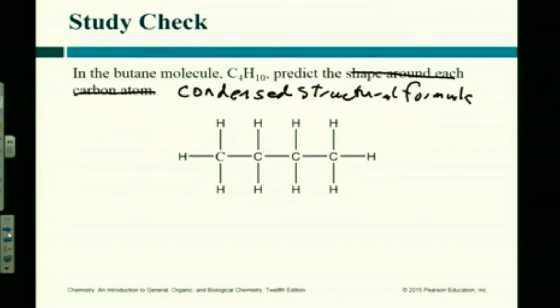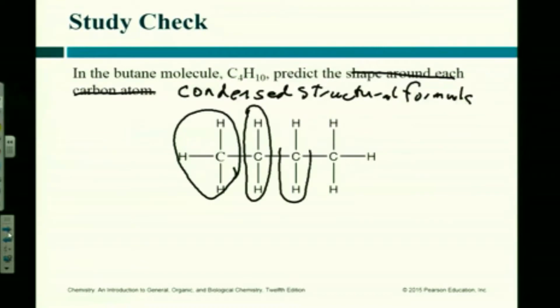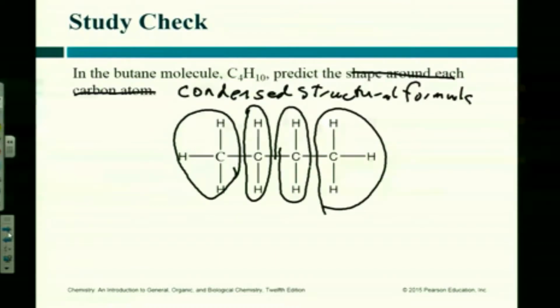Can you do that? Should we do it together? The way I do it is I circle each carbon and whatever is attached to it. And then I'm going to condense each part, okay?